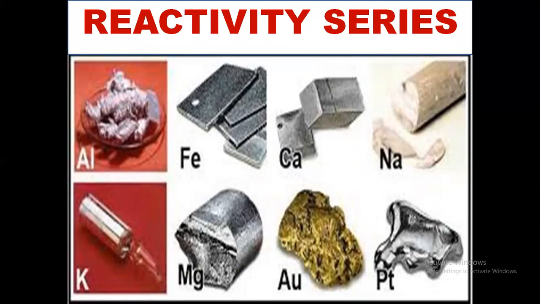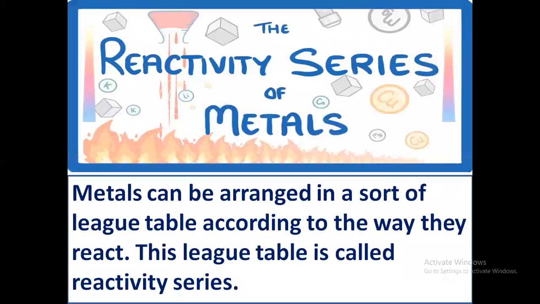Now, how can you define the reactivity series? Metals can be arranged in a sort of league table according to the way they react. This league table is called the reactivity series, right?